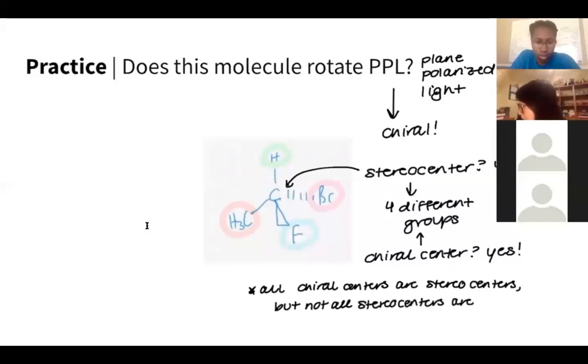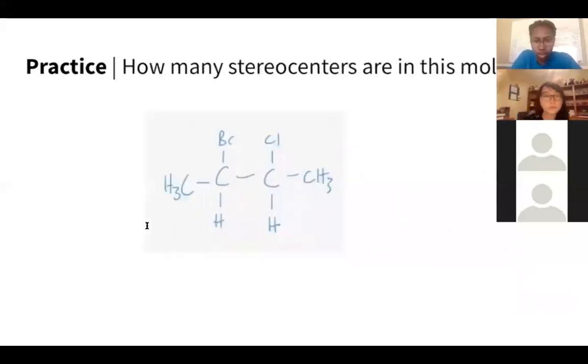Because if you remember, stereocenter only requires changing two groups, whereas a chiral center would be four. And so, almost there, don't worry.